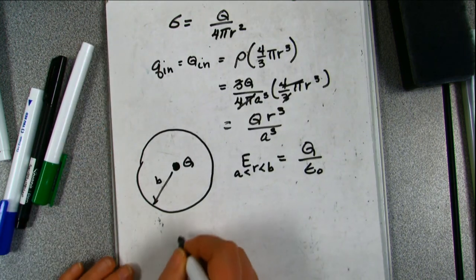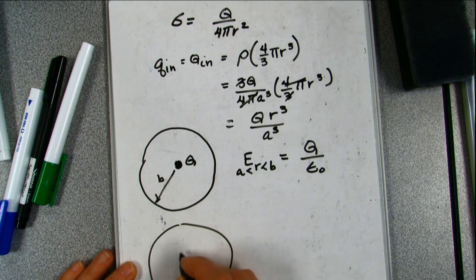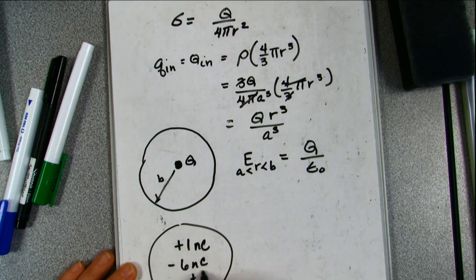Now if I did the same thing like this, okay, so I have a +1 nanocoulomb charge, a -6 nanocoulomb charge, and a +8 nanocoulomb charge. The electric field inside that surface is going to be what?